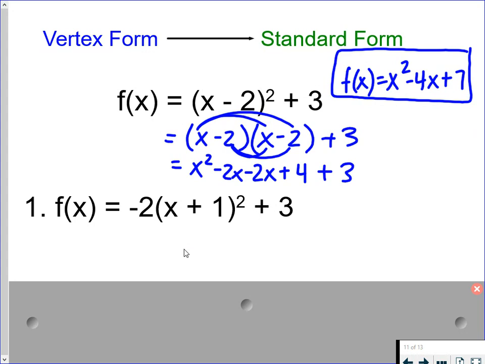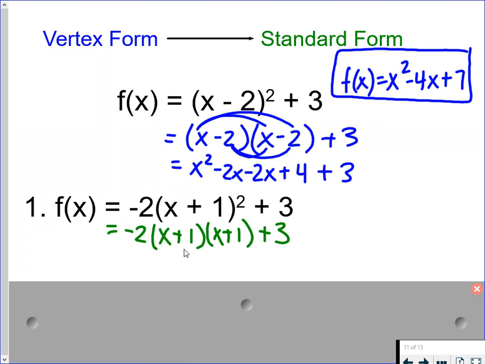You can wait to incorporate the negative 2 after you FOIL or double distribute. You cannot, however, distribute that negative 2 in before. You can't say negative 2x minus 2 and then square that. It doesn't work that way.